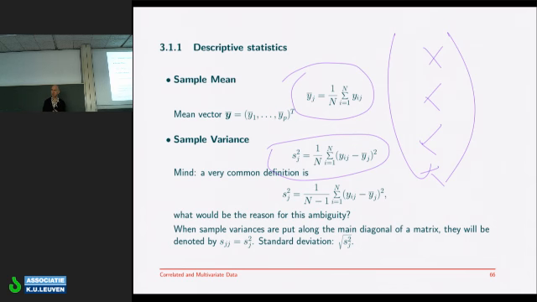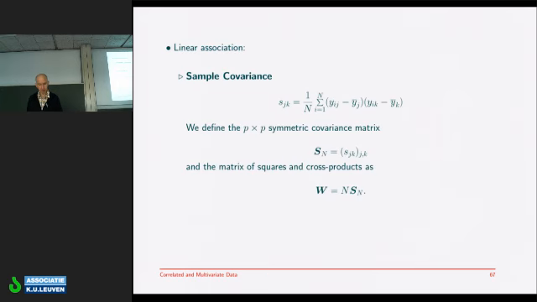Dividing by n is following the likelihood principle. Maximum likelihood, normal likelihood will lead to dividing by n. If you, on the other hand, say, no, I want to start from the principle of minimum variance unbiased estimation, then you get to n minus 1. It doesn't matter for large samples, in other words.